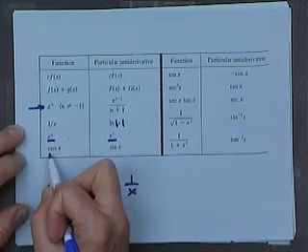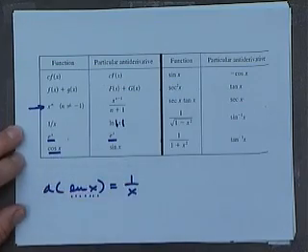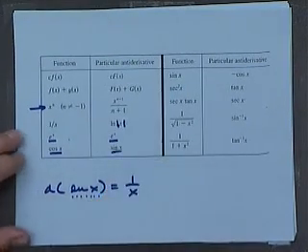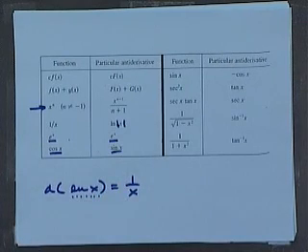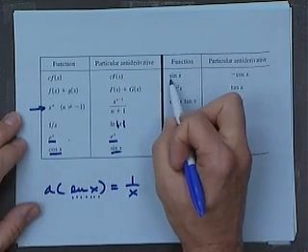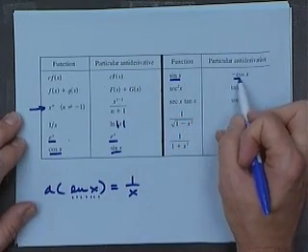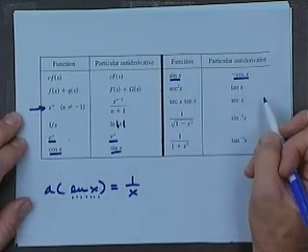Here's the question you ask yourself. What has cosine of x for its derivative? Sine. There it is, right? So the antiderivative of cosine is sine. Why? Because the derivative of sine is cosine. What has sine for its derivative? Negative cosine, right?